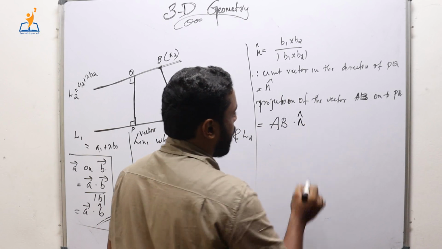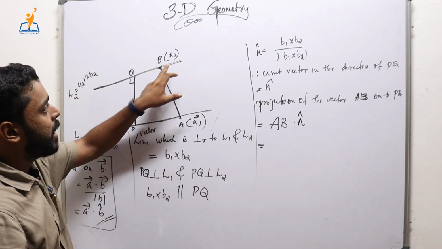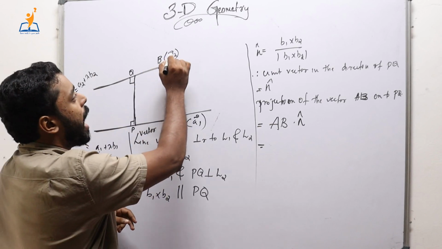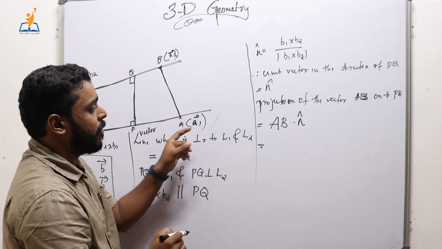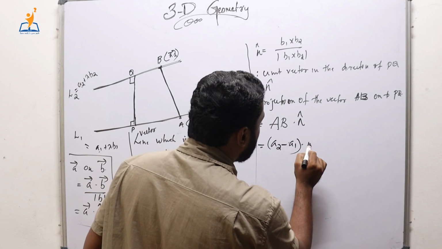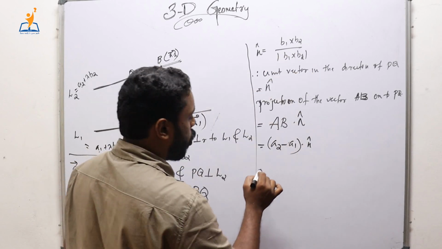AB dot n cap. Now, what is AB? AB is nothing but A2 minus A1, since the position vector of B is A2 and the position vector of A is A1. So it is A2 minus A1 dot n cap. What is n cap? B1 cross B2 divided by mod B1 cross B2.